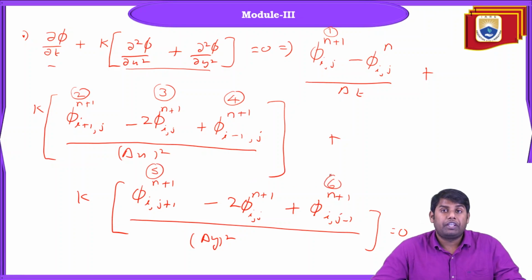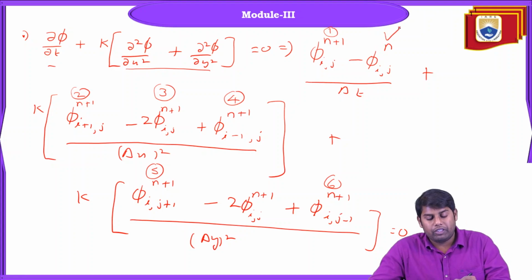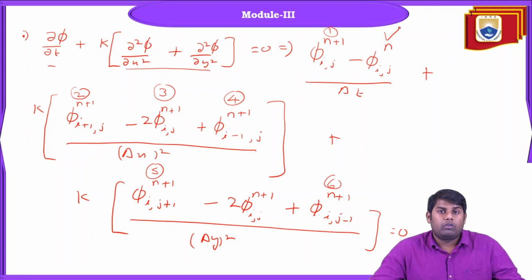In total we have 6 unknowns for the 2D equation and only one known term. So how do we solve? That is the question that arises: we have more unknowns and only one known parameter. That is the major important question that we need to answer.